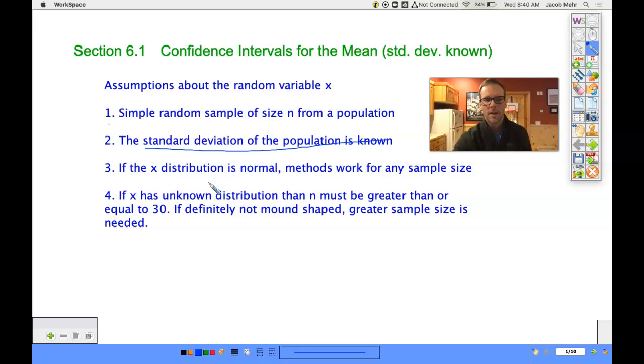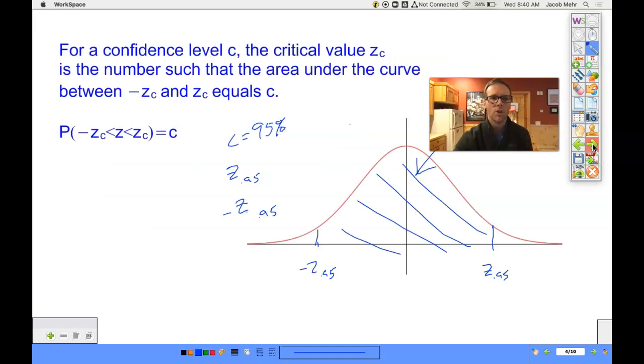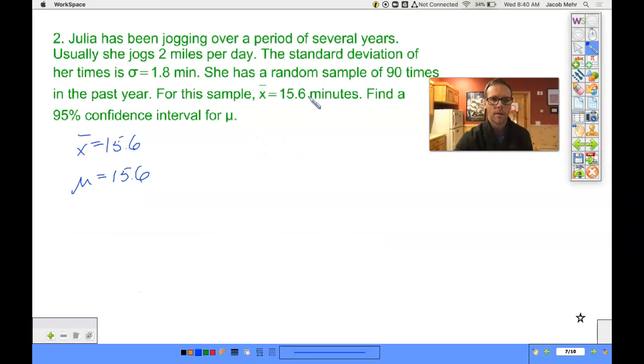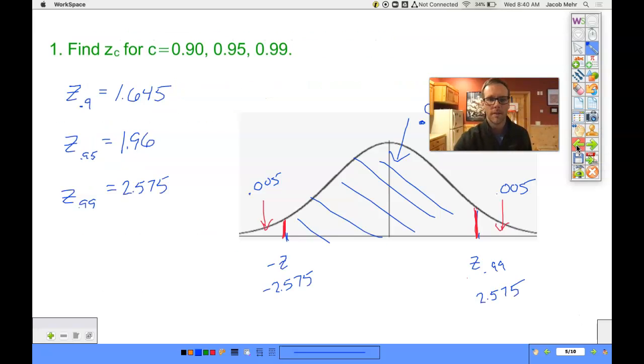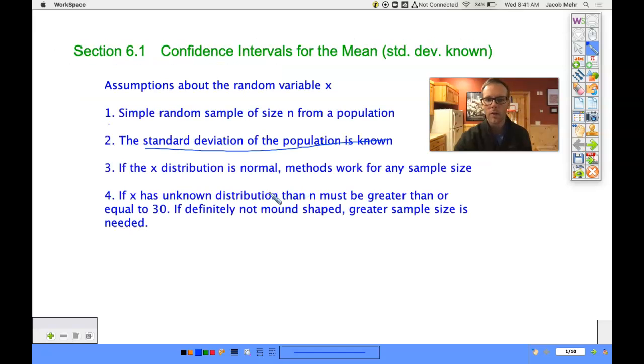What else? If the x distribution is normal, methods work for any sample size. Do we know that of all of our jogs in the last year, all 366, they form a normal distribution? There's nothing in here that tells us that, right? However, we do have a random sample of 90. And we say if we don't know if the distribution is normal, if we're using a sample size of at least 30, we can do this.